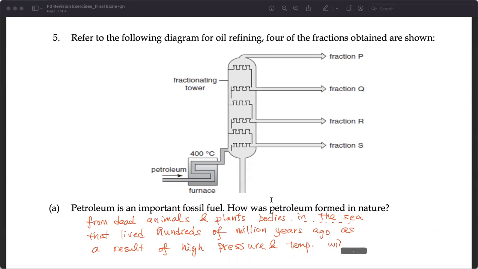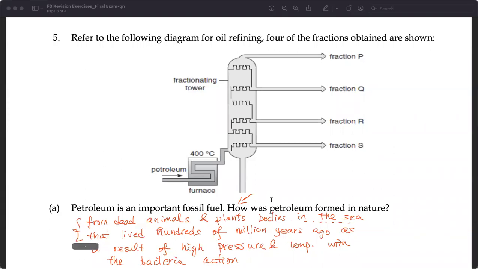with the bacteria action. Now, why do we need to mention the high pressure and temperature? Because we are talking about how, and we need to talk about what it is from as well. So, what is it from?